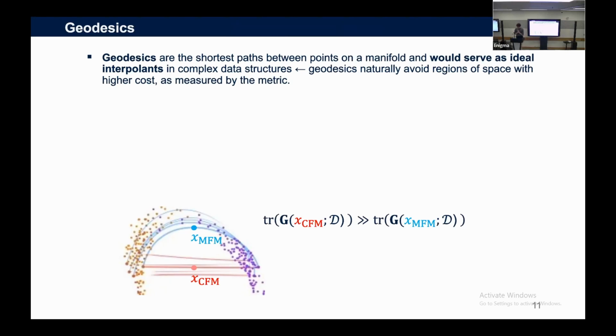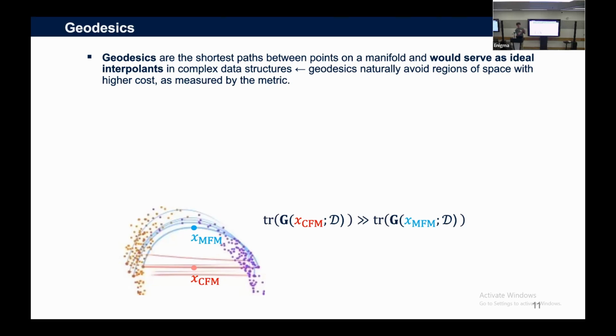Now, the idea is that if you can find a metric in your ambient space whose trace, for example, is much smaller close to the data and much larger away from the data, this metric assigns higher cost, or bigger length, to paths that are away from the data. Put differently, geodesics, which are the shortest paths according to such a metric, will always stay close to the samples.